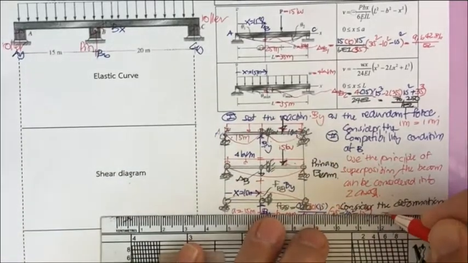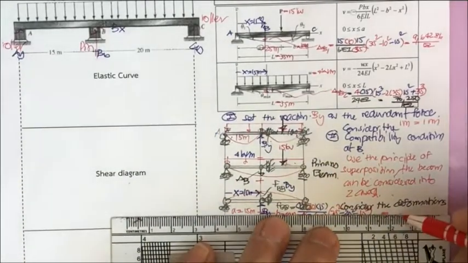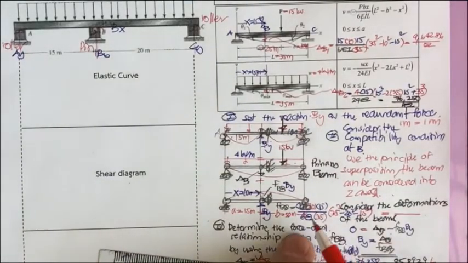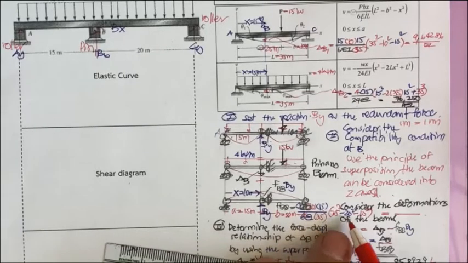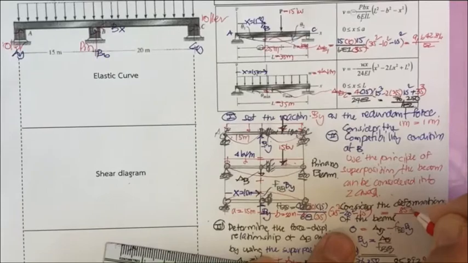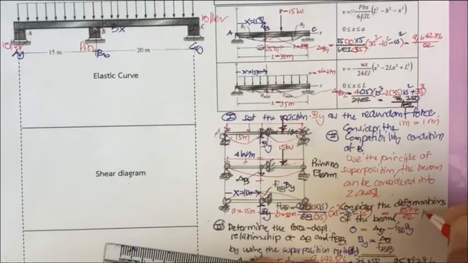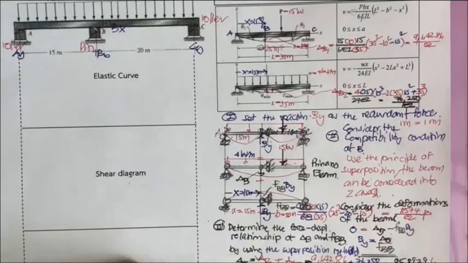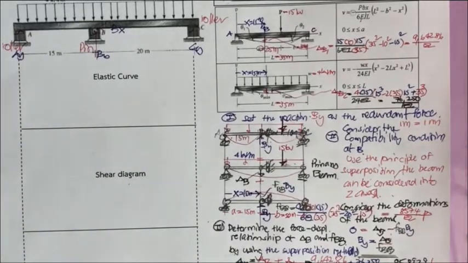If you put everything in your calculator, you will get 857.4 divided by EI and upward. Just stop the video clips and put everything into your calculator.